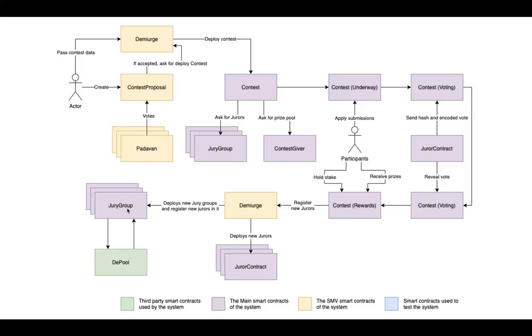If this jury group doesn't exist, he will create this jury group just because we can. So the way we create these groups: we create the jury group and send the stake. So we have a balance of the juror in this jury group, and the juror can have different balances in different jury groups.